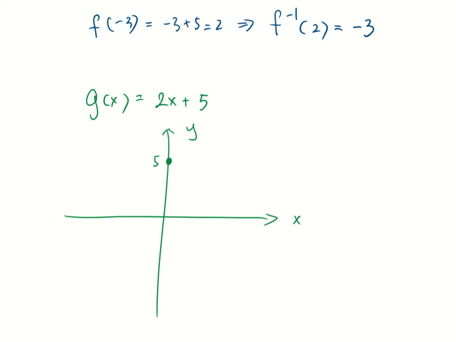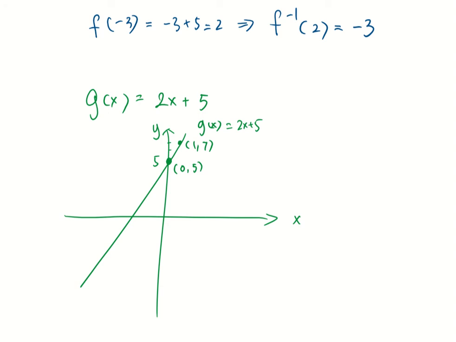And the slope is 2, so go up 2 over 1 and connect those 2 points, and we have the graph of g of x. The 2 points on the graph we found were 0, 5, and this point looks like 1, 7. Those are the 2 points on the graph.